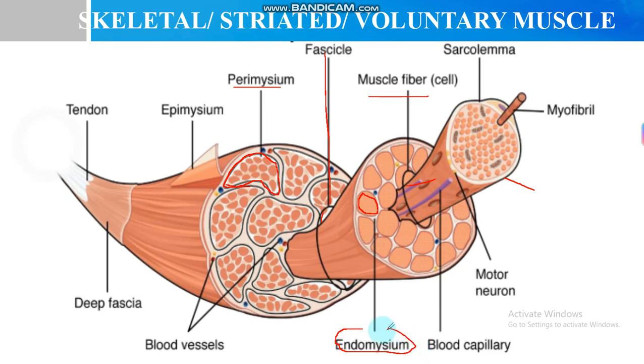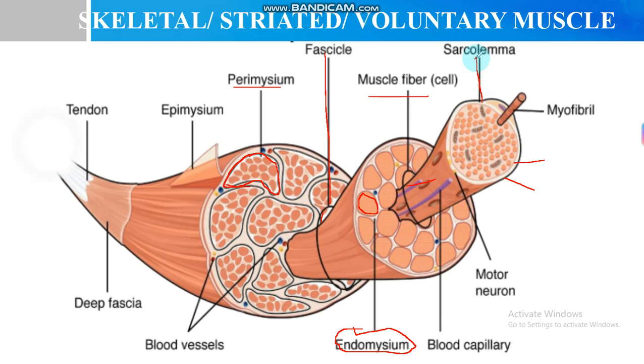So the outer membrane of a muscle fiber is called the endomysium. However, there is an inner membrane. Remember, a muscle fiber is a muscle cell, so it also has a cell membrane. The cell membrane, or the inner membrane, this one here, is called the sarcolemma.